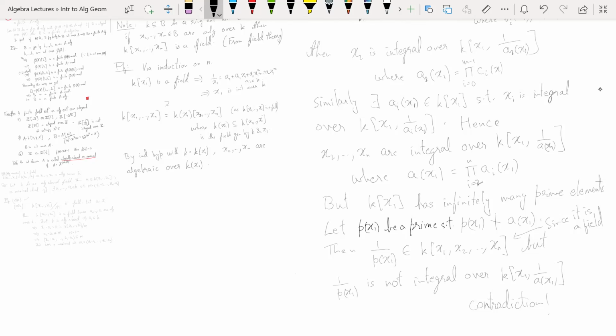I mean, this field k(x1, x2, ..., xn) is integral over k[x1] adjoin 1 over ax1, because x2 to xn are integral over here. So that gives you a contradiction.